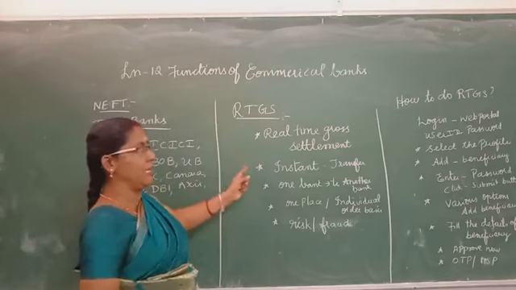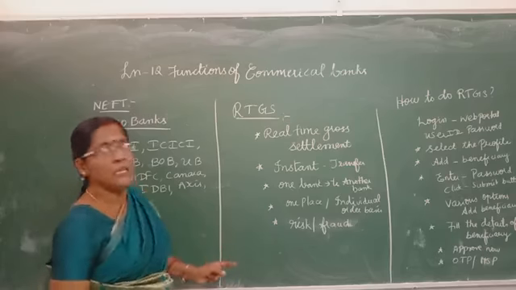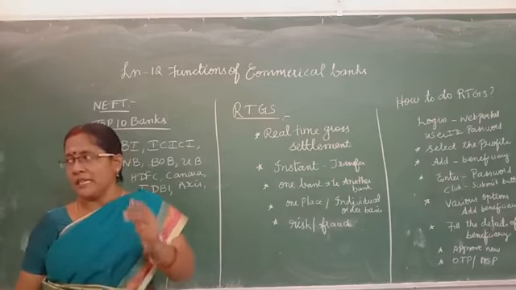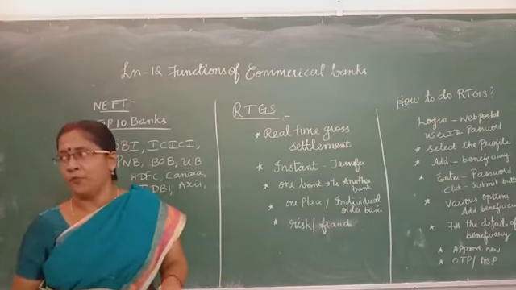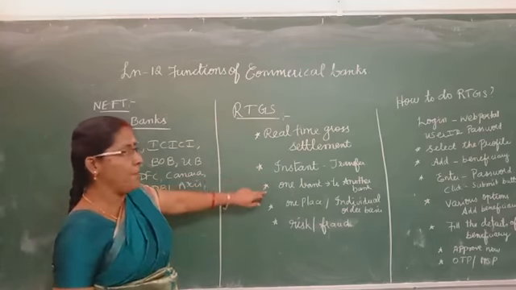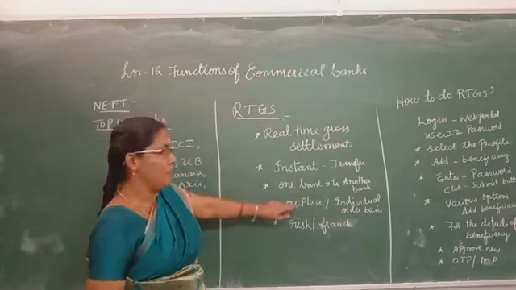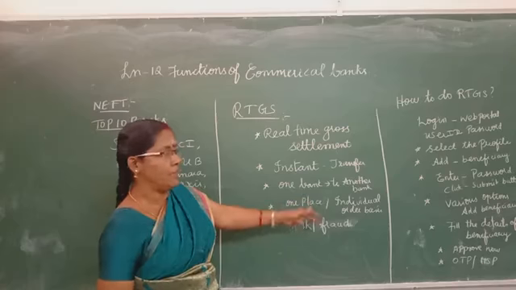RTGS stands for real time gross settlement. What is meant by real time gross settlement? It means the transaction is settled at the same time. So it is an instant transfer from one bank to another bank, from one place to another, on an individual order basis.